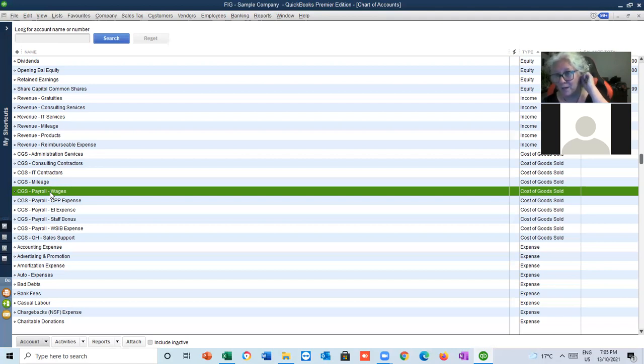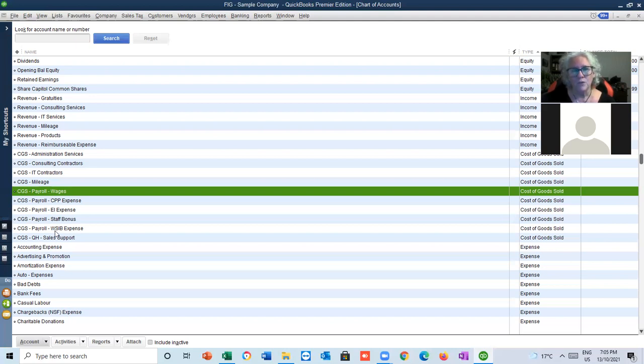Admin might be overhead expenses, but a lot of times I've had payroll as a cost of goods sold, because I want to see what it costs me to make revenue. In some industries, payroll is a big cost of goods sold, so you must put it up there. In that way, you can have a better analysis at the end when it comes to your income statement. So on this file, it is a cost of goods sold, but you can see how it's separated.